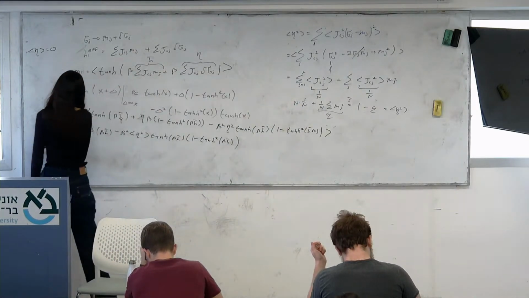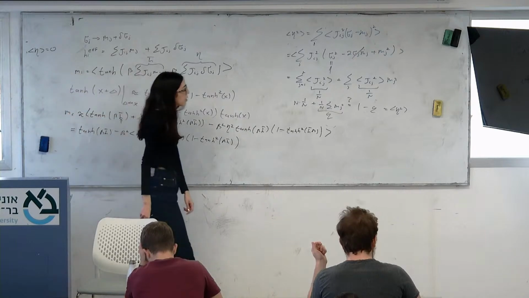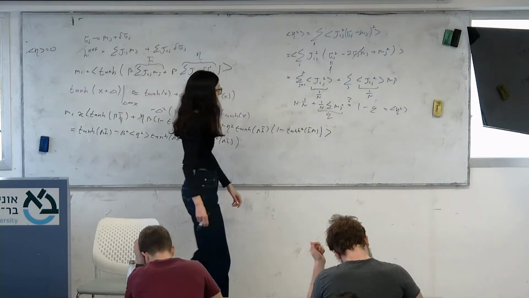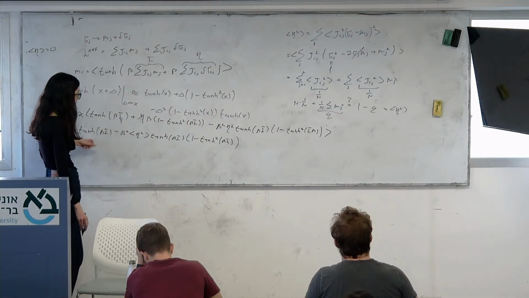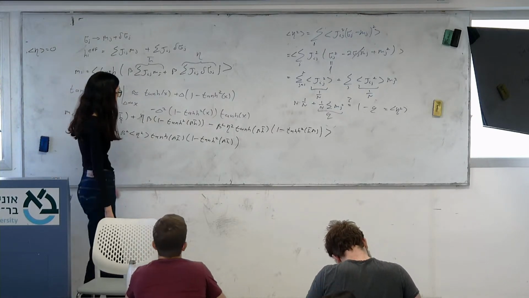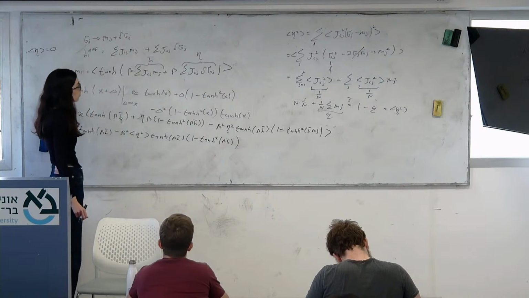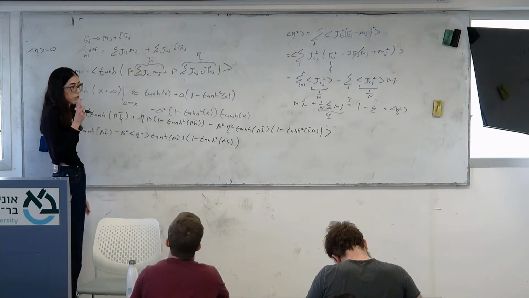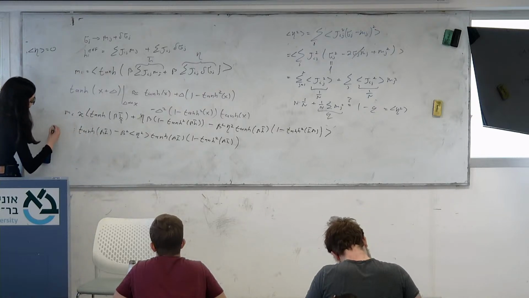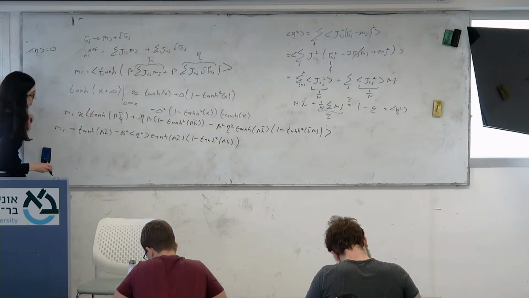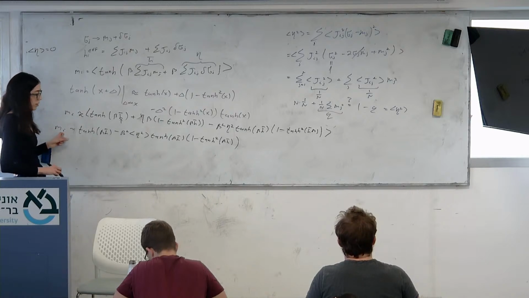Okay, so we calculated the second moment of the fluctuations, and now what we originally wanted to do is find a correction to the effective field. So now we have an equation that relates to m_i.